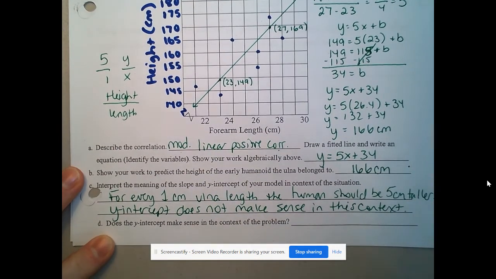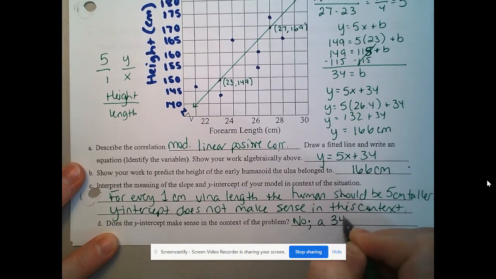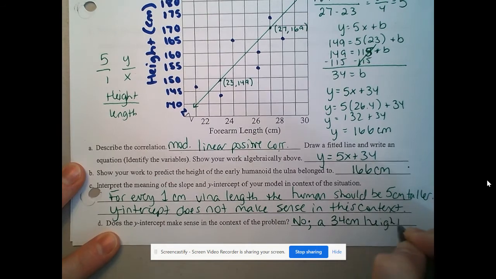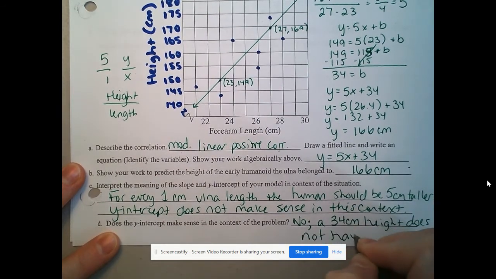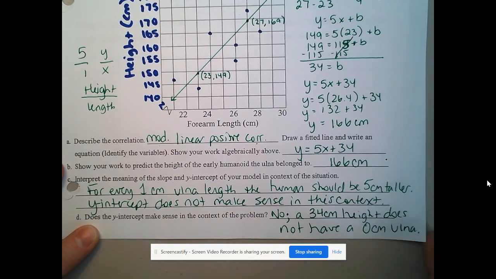So does, of course, I just answered the question that's right below it. Does the y-intercept make sense in the context of this problem? No. A 34 centimeter height does not have a 0 centimeter ulna. Just figured I'd get ahead of the game on that one, I guess.